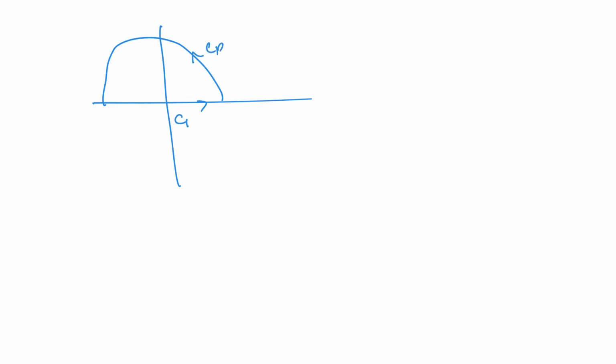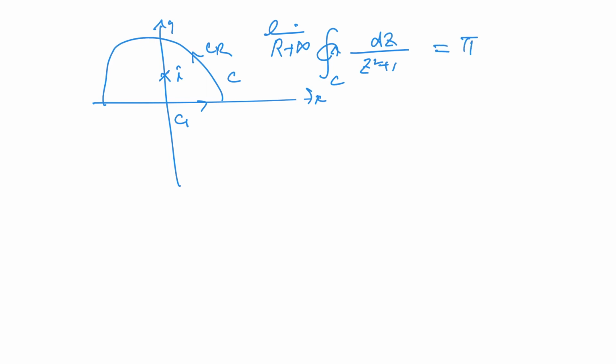C1, CR, we have i, that's your C. So this whole integral C, if R becomes infinite, you know already the answer is pi, because of Cauchy's integral formula.